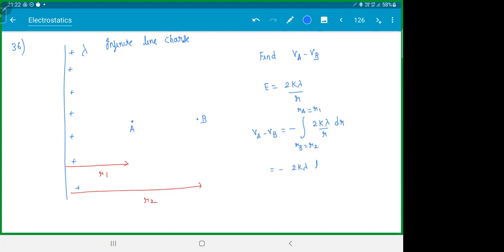Minus 2k lambda, this will be ln r, limits will go from R1 to R2. This will be ln R1 minus ln R2. So sending the minus inside, it will become 2k lambda ln R2 by R1. Check, easy. You get a ln function there. This is another standard model.